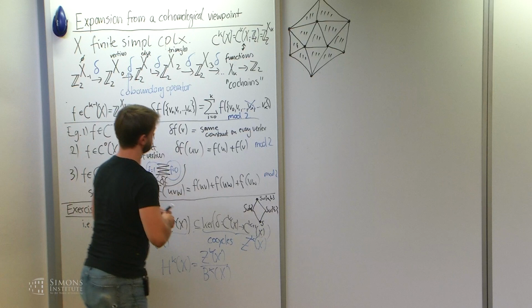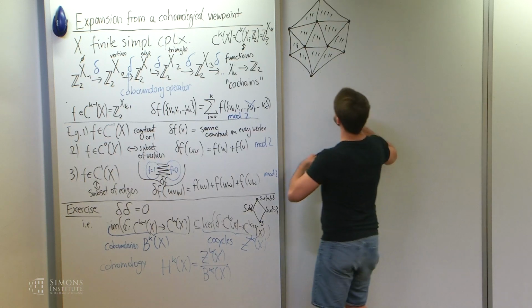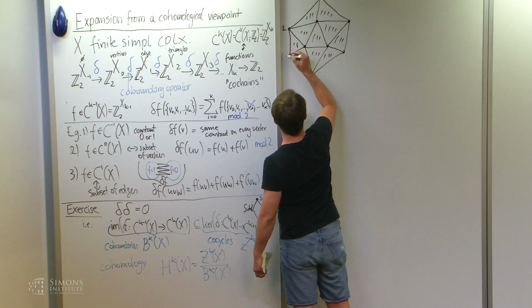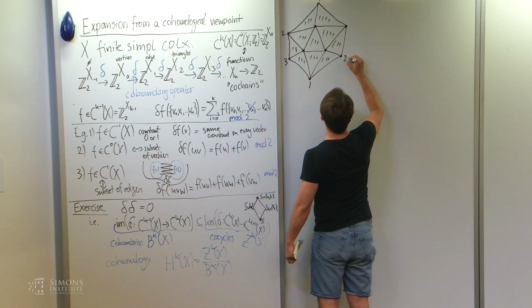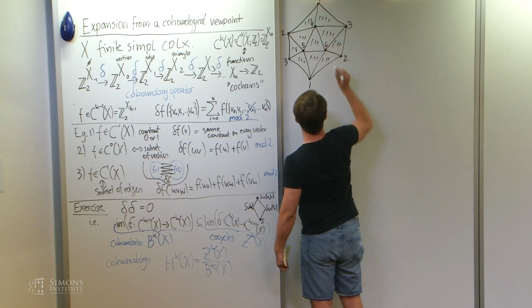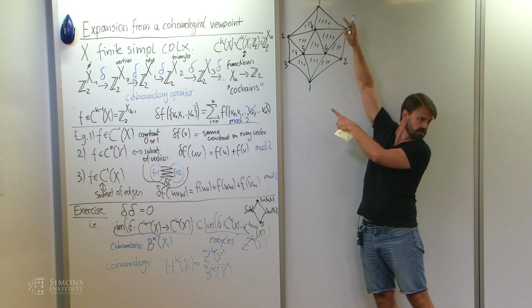Okay. So let's do one little example. Let's look at this simplicial complex, which has 6 vertices, despite of what you might think you see. So this just means that the things on the boundary are identified.